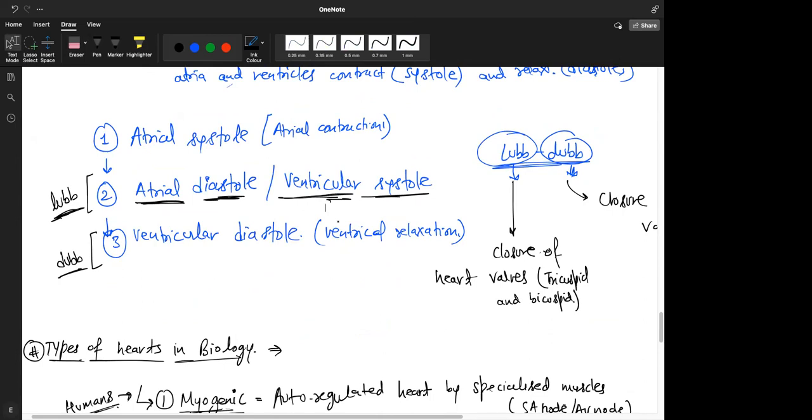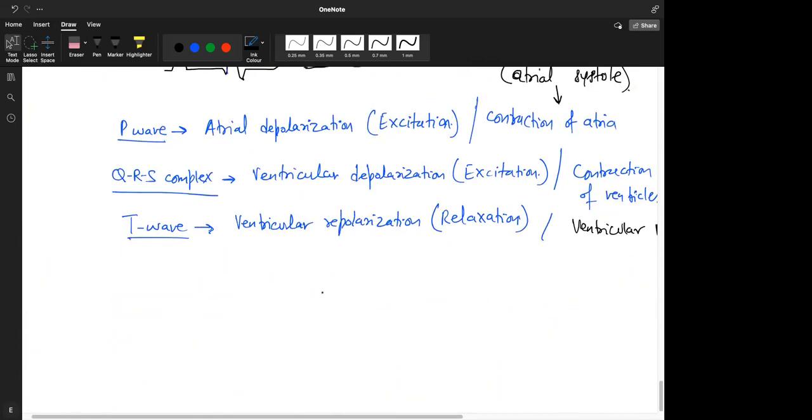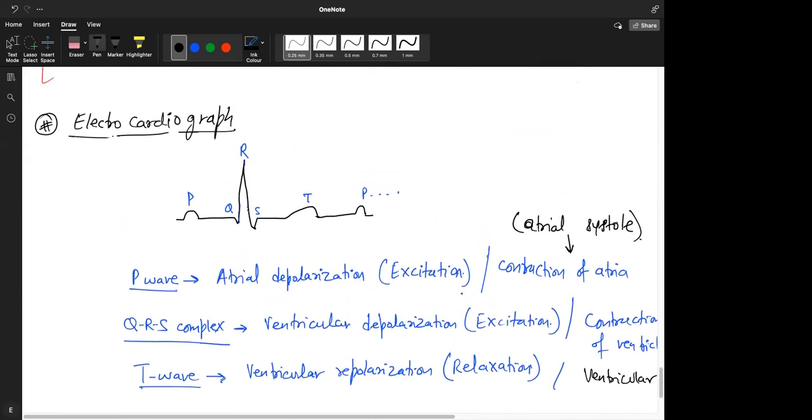Now diastole means relaxing. So atria itself is very small as compared to ventricles. So atrial systole will be less powerful than the ventricular systole. See, this is the peak created by atrial systole. How big is it? And this is the peak created by ventricular systole. How big is that? If you compare, there is a lot of difference, right?